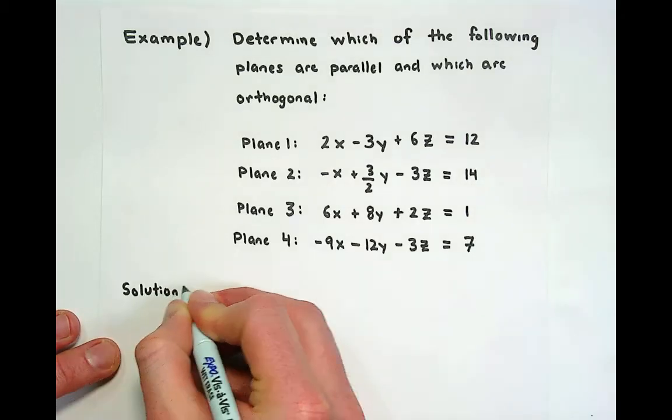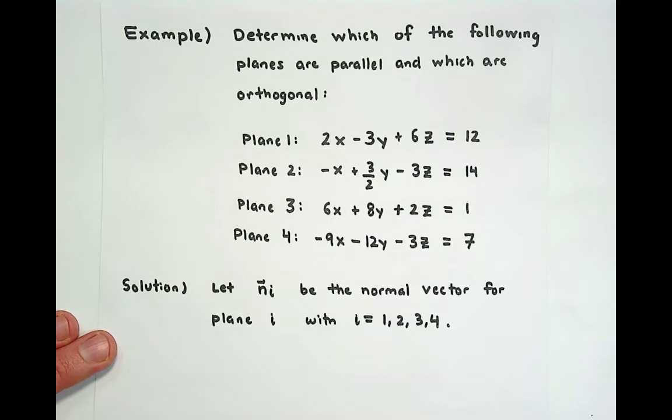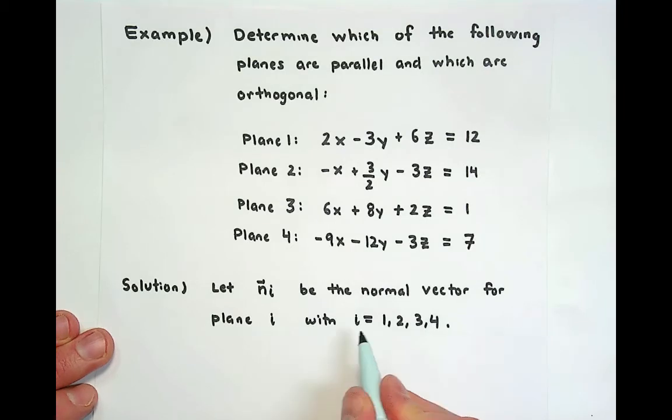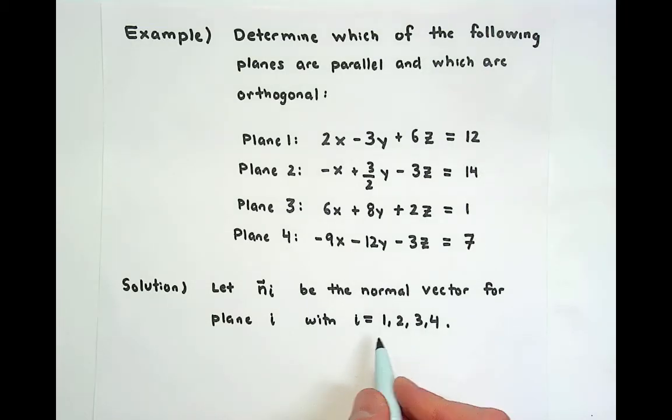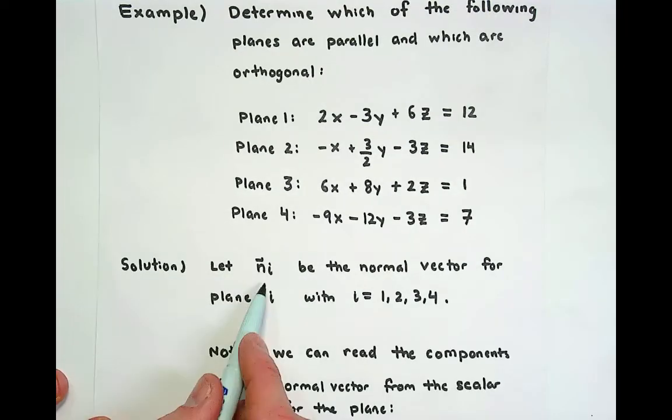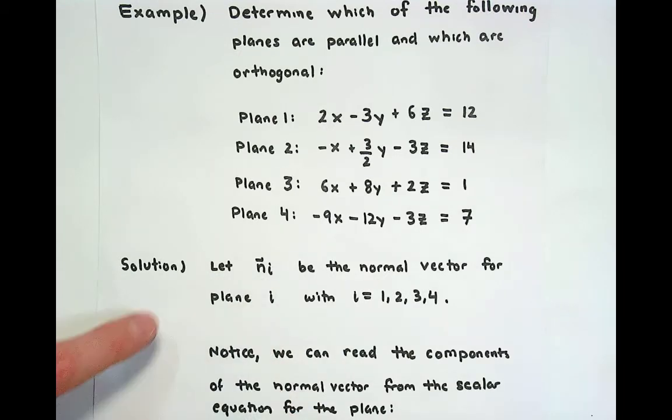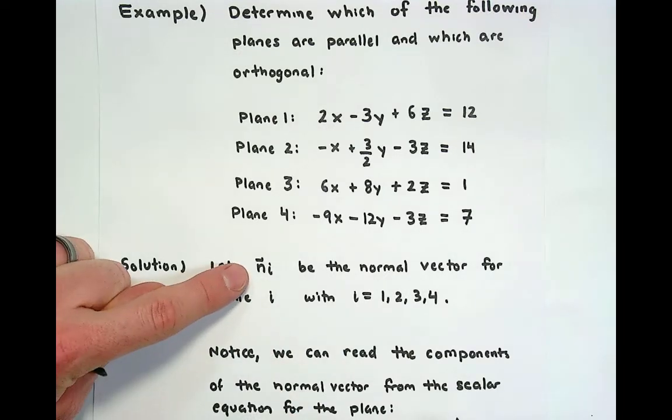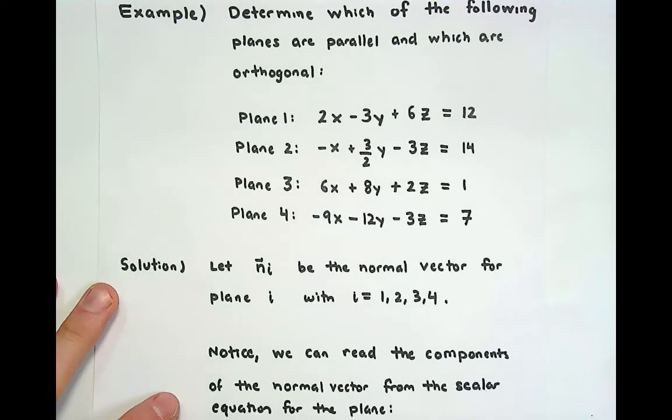To do so, let's let n sub i, the vector, be the normal vector corresponding to plane i, where i runs from 1 to 4. In doing so, we notice that we can read the components of each of these from the scalar equation of the plane.